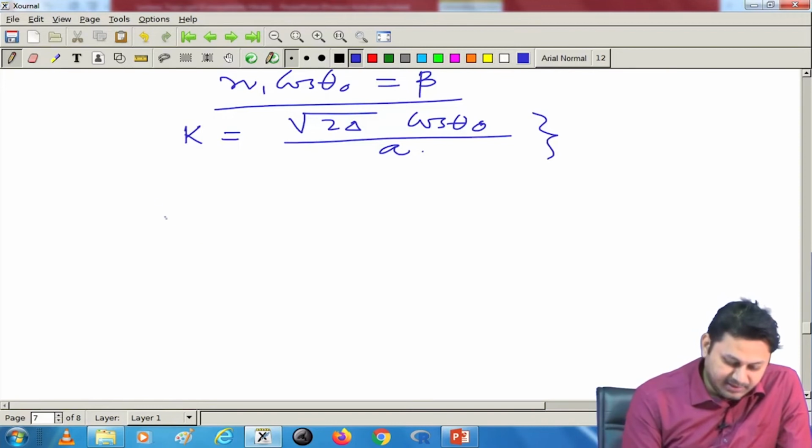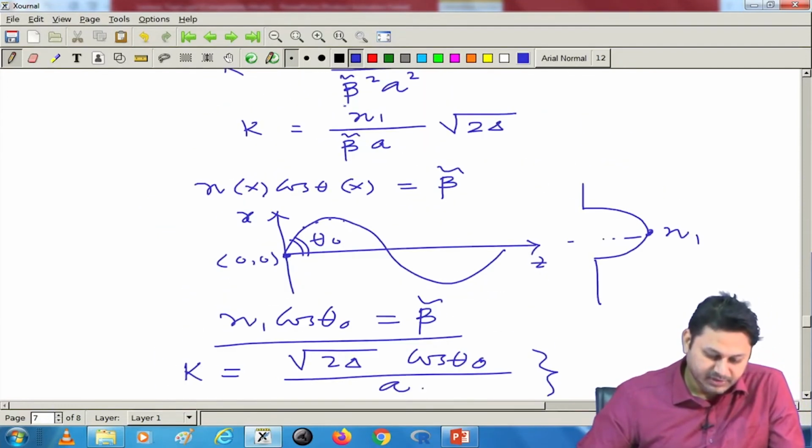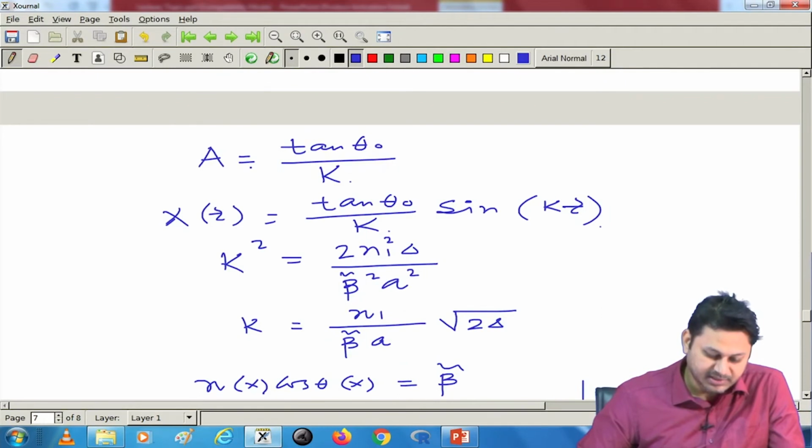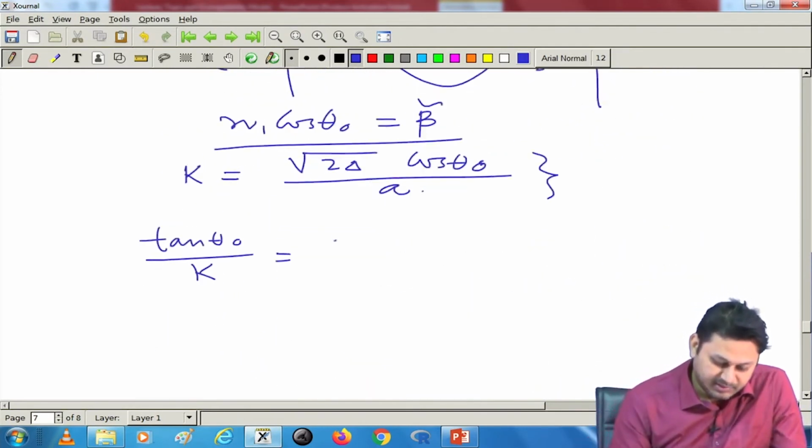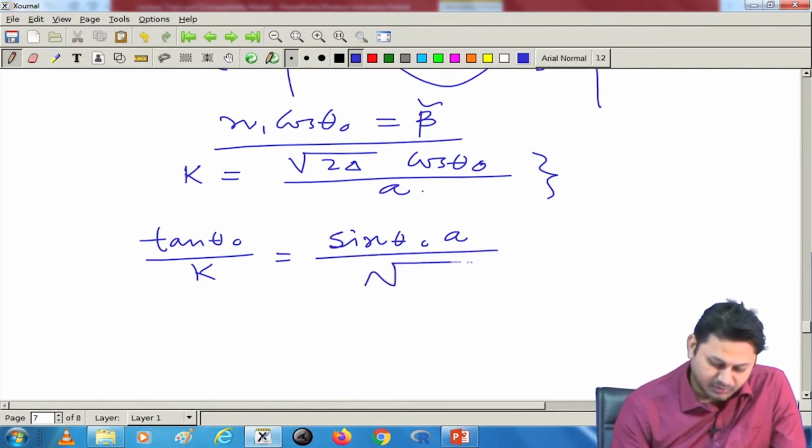So, tan theta 0 divided by k, that term we had earlier, tan theta 0 divided by k, which is a. When I put the value of k, 1 cos theta will cancel out. So, it should be sin theta 0 multiplied by a divided by root over of 2 delta.